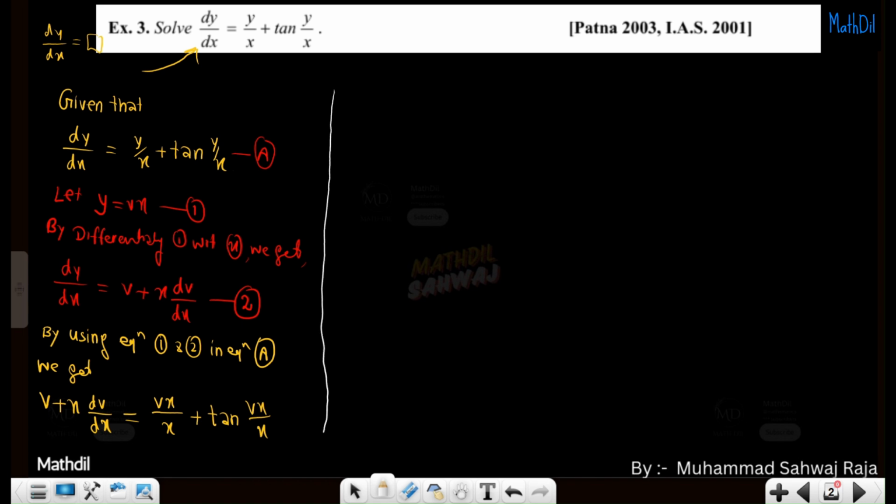Now do the simplification. If you do the simplification, you will get v plus x dv/dx equals, see, this will cancel, so v plus tan v, and this v and this v will cancel. So the remaining expression will be x dv/dx equals tan v.